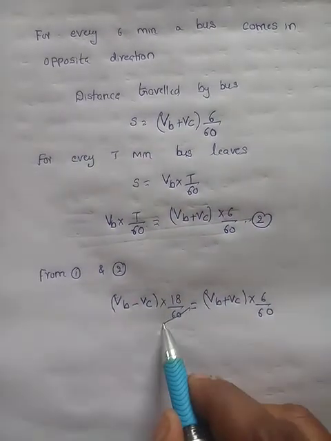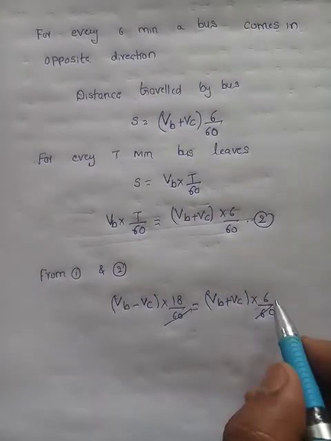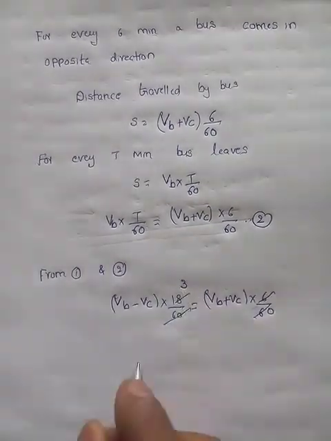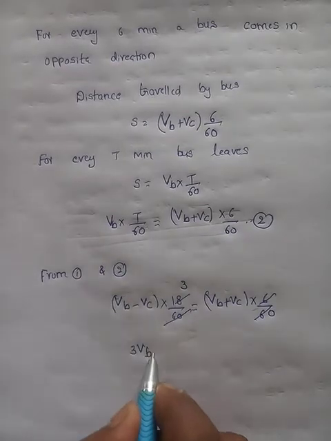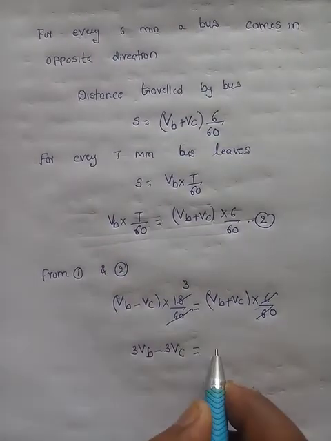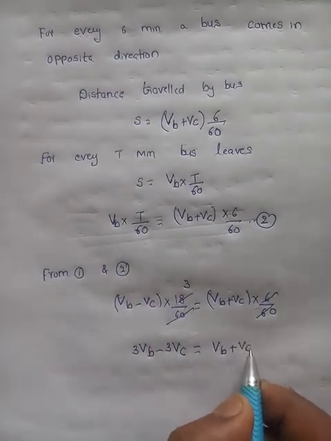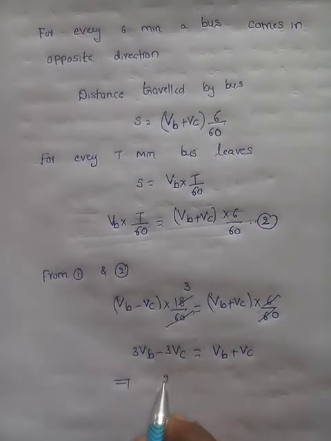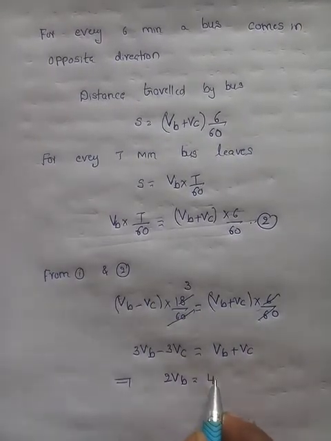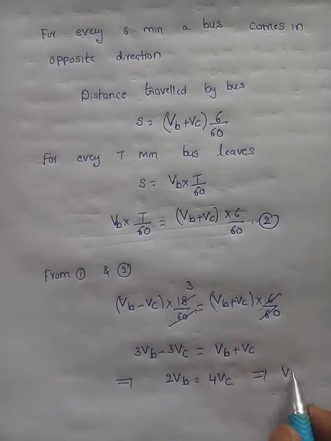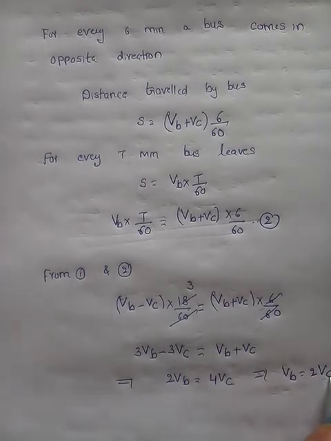The 60s cancel, then 6 ones are 6, 6 threes are 18, so 3 VB minus 3 VC equals VB plus VC. So 2 VB equals 4 VC, which implies VB equals 2 VC.